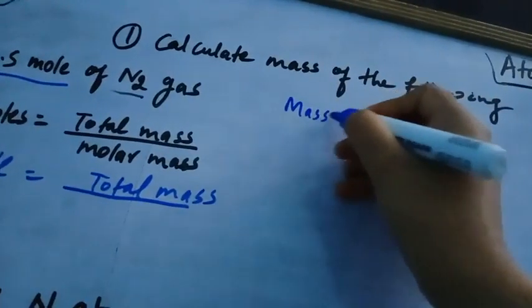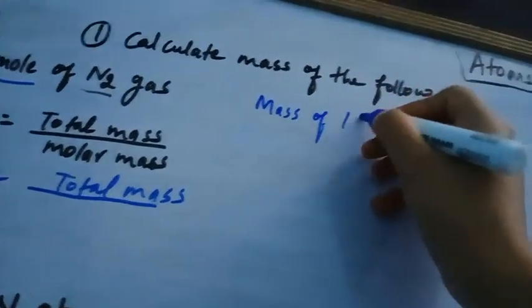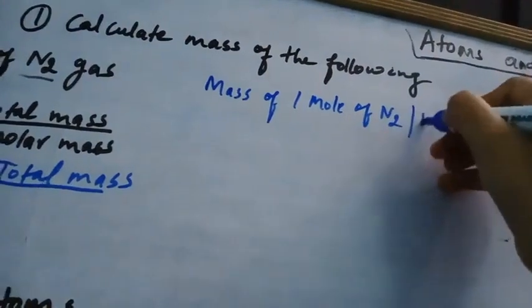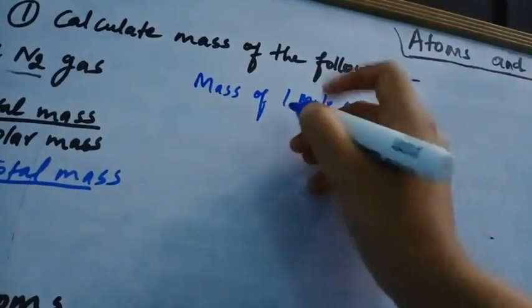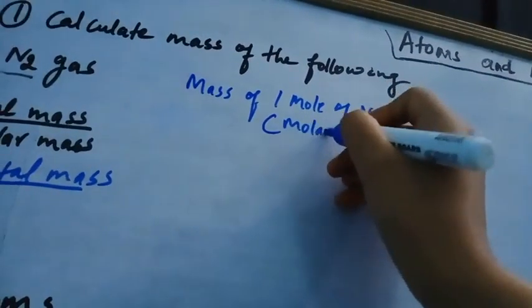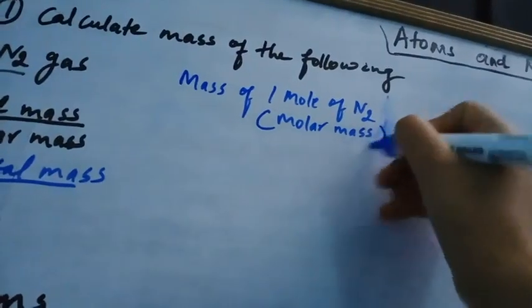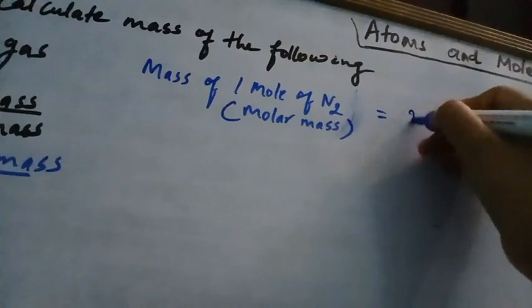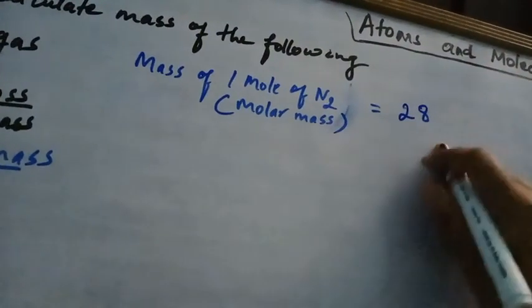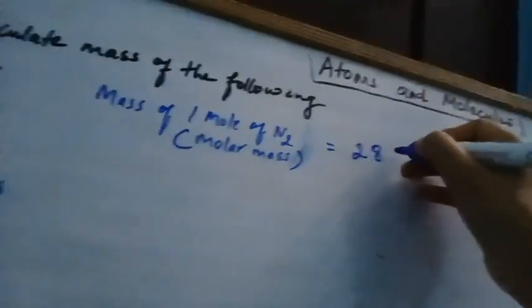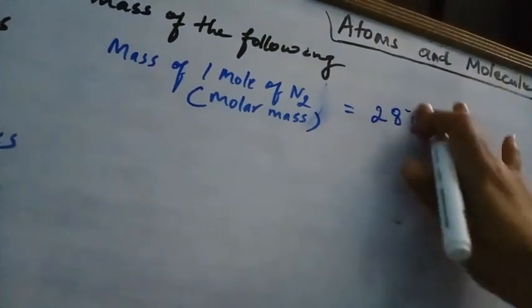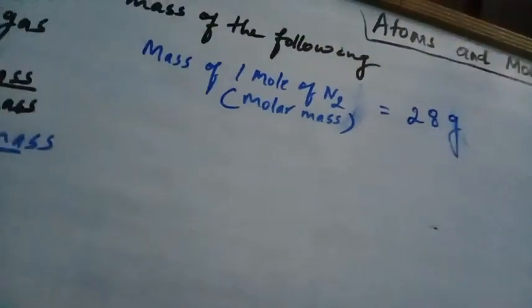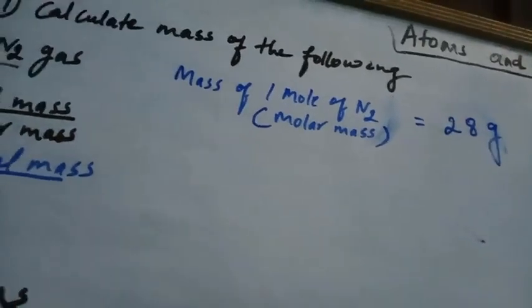So the molar mass of N2 is equal to how much? If you see the molecular mass of N2, it is 28 u. So just replace it by gram. The 28 gram is the molar mass of N2 gas.